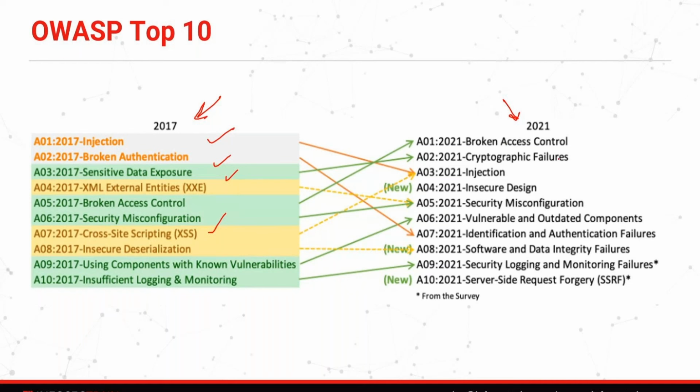Then in 2021 the list came again, and you can see that the positions have changed. Injection was at the top in 2017, and here injection came at third position. In 2017 insecure design was not there, but in 2021 insecure design was added. Software and data integrity failures and server-side request forgery were also added.